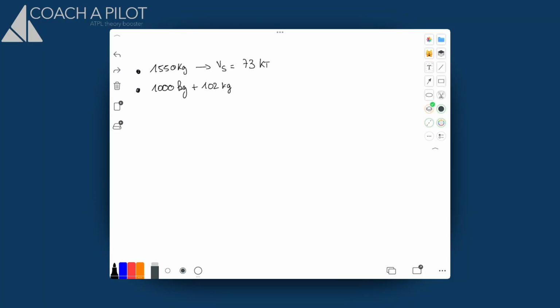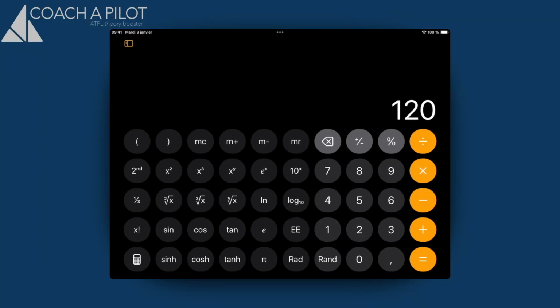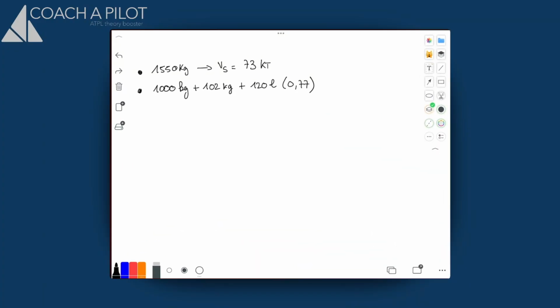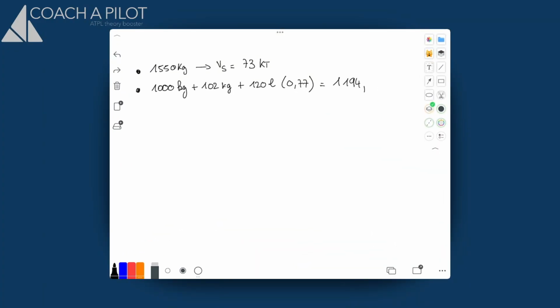So we calculate the mass: 1000 plus 102 for the pilot plus 120 times 0.77. Don't forget to convert to kilos, obviously. 120 times 0.77 is 92, plus 102 plus 1000, 1194 kilograms. So the mass of the second aircraft is 1194 kilograms.